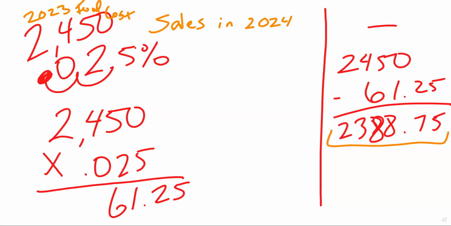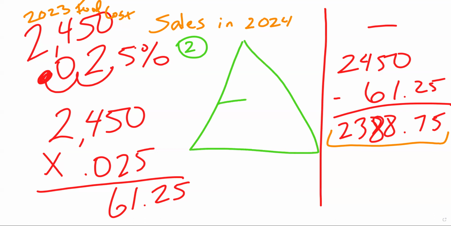The second step in this particular question, like number 13 on your quiz, is if we draw our triangle, cost is 2,388.75. And we're looking for our sales number, so we're going to cover that up.